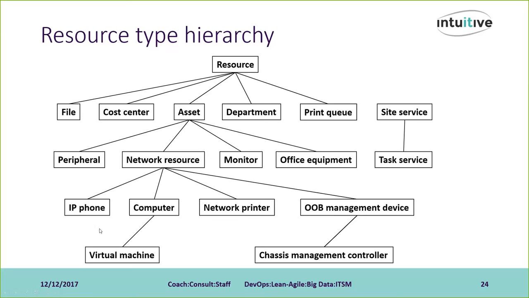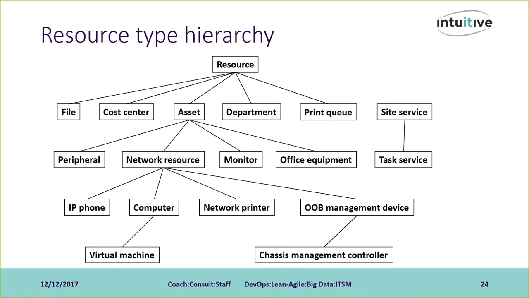If we trace it all the way back up to the resource base type, all of the resources are inherited down through the branch from resource to asset to network resource to computer, finally adding the sum of all of those attributes to the virtual machine asset type.